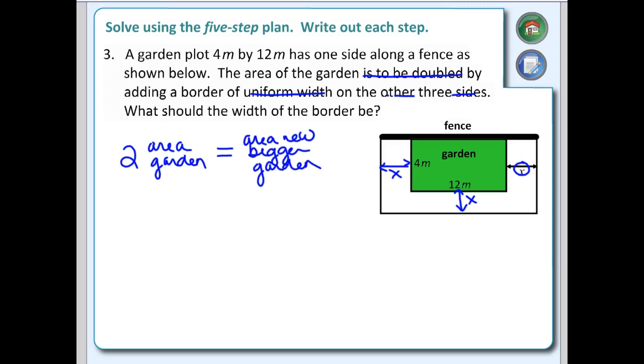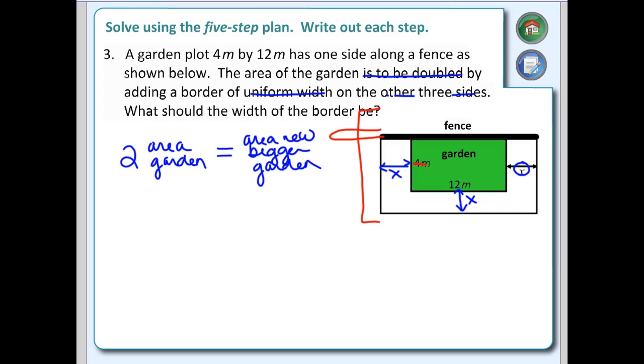So if I'm looking over here, I need to figure out the new garden's length and width. The width, which is right here, is already 4, and we can't really add anything on the top because the fence is there.